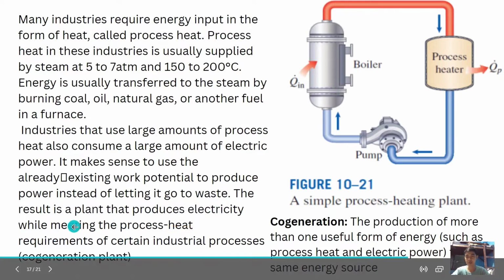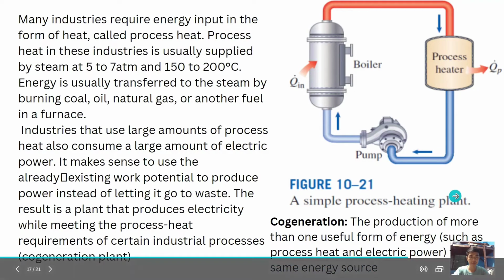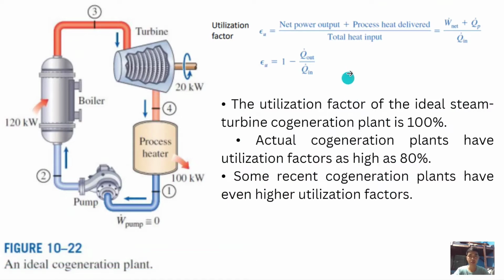So cogeneration plant. Cogeneration, the production of more than one useful form of energy, such as process heat and electric power, from the same energy source. So utilization factor equals power output plus process heat delivered over total heat input.